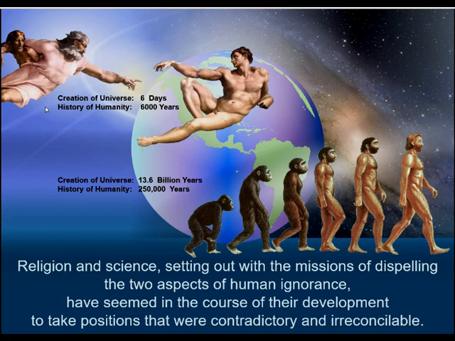Human history, religion says, is roughly 6,000 years. Science is saying that human history is around 250,000 years. That's why they are irreconcilable. They have different takes on these questions.